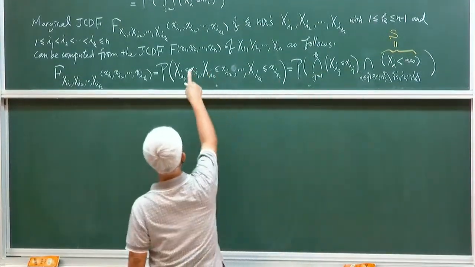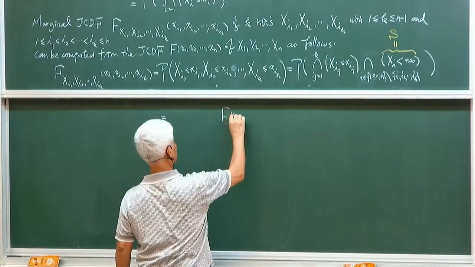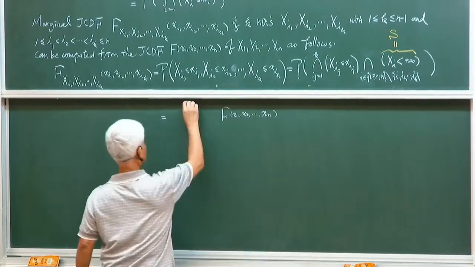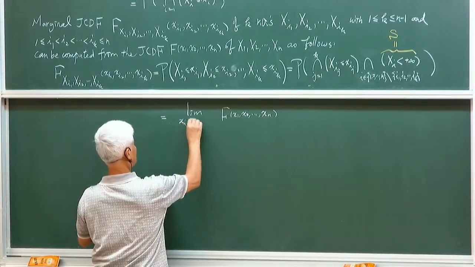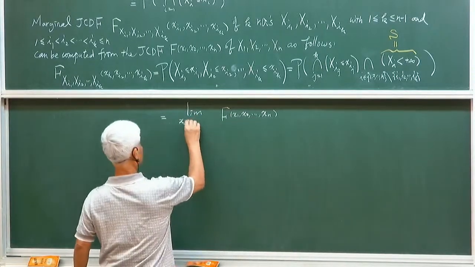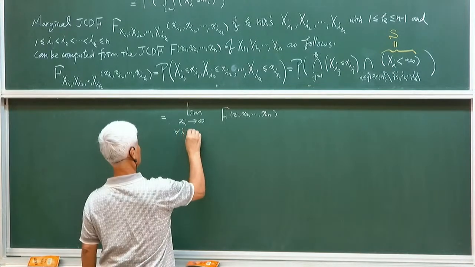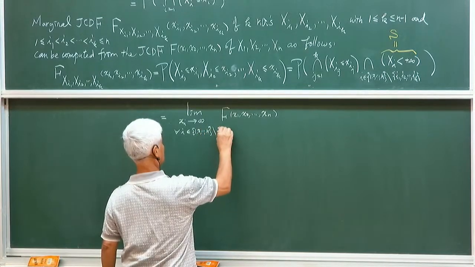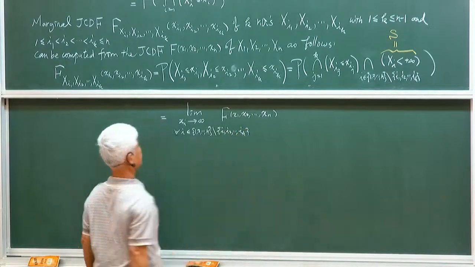And so that would be F of x1, x2, up to xn at the limit, where x sub i goes to infinity for all i not in the set {i1, ..., ik}.